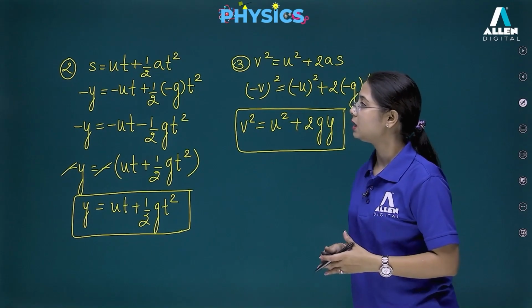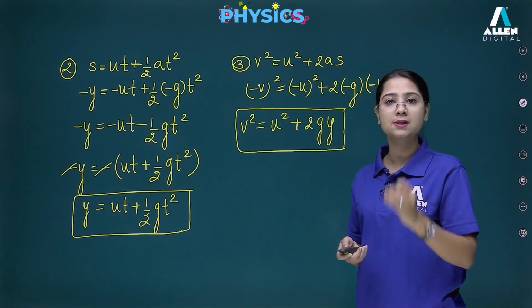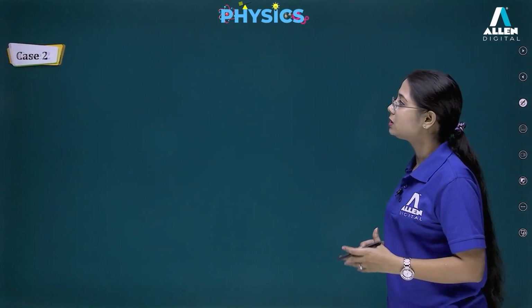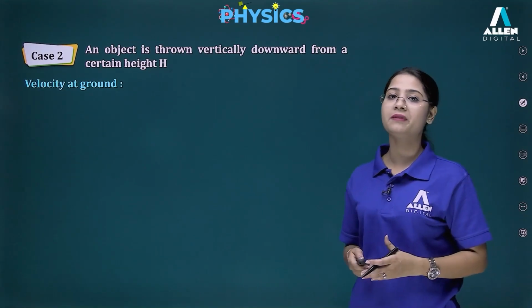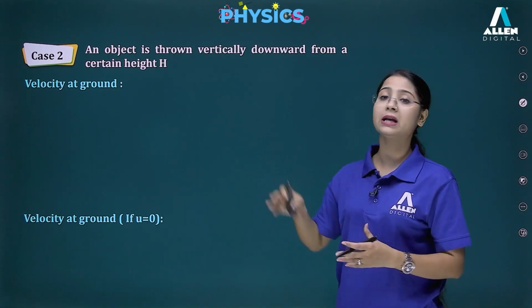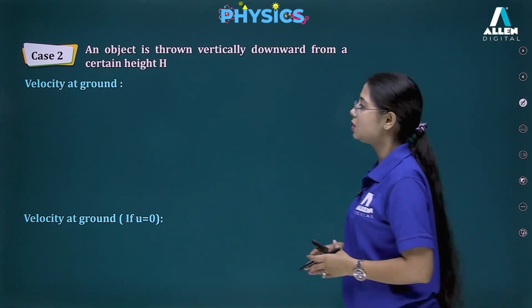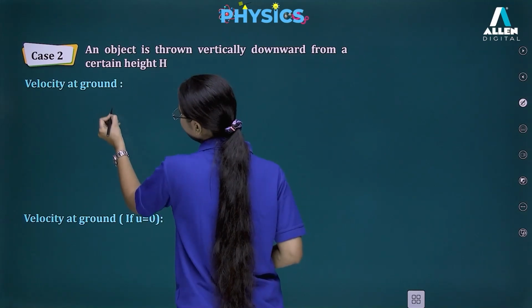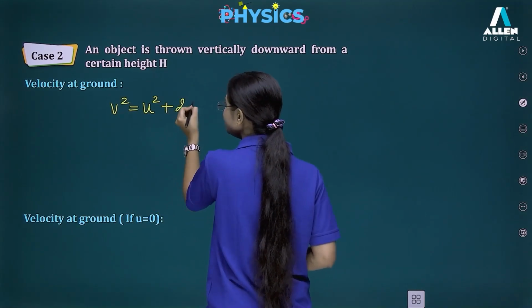Alright students, now you can put u is equal to 0 if the object is dropped from a certain height. So let's find out velocity at the ground. If you want to find out the velocity at the ground, then what you will take? You will take maximum displacement. So how you can find velocity at the ground? Students, you can use third equation, v square is equal to u square plus 2g.